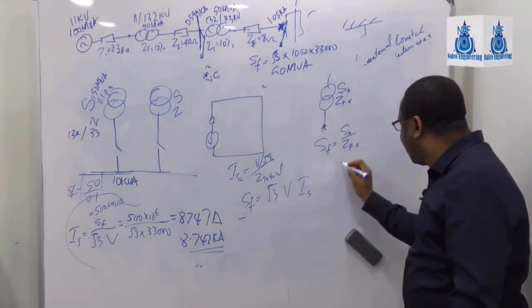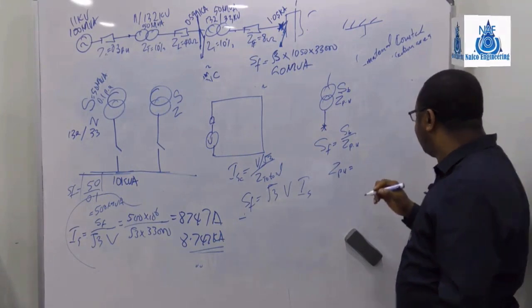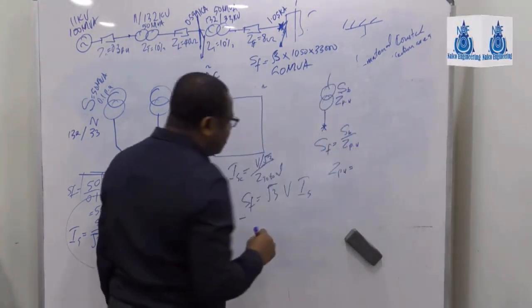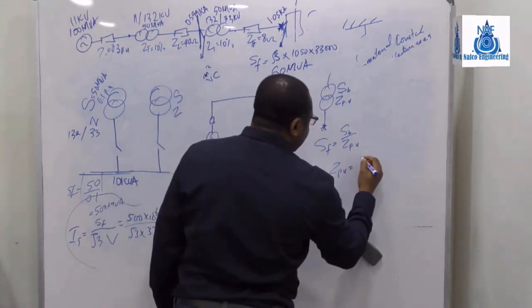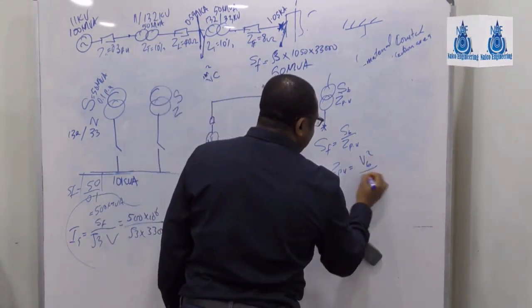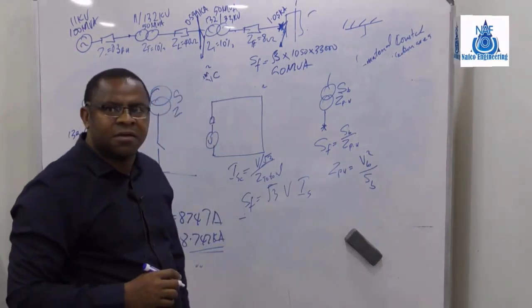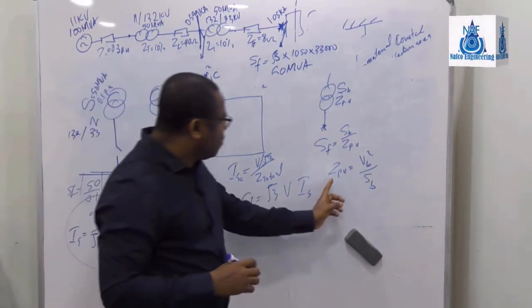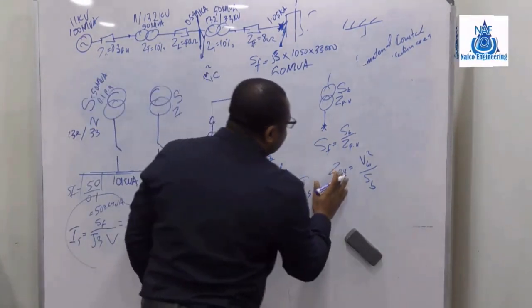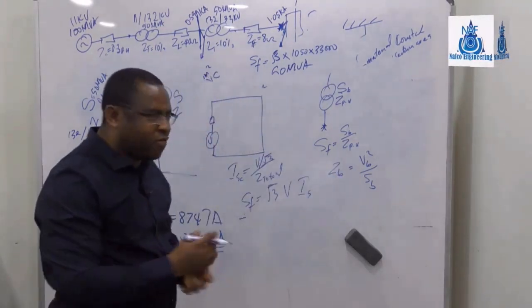And we said here that Z in per unit is the same thing as V base squared over S base. Sorry, let's say Z base, you know that Z base is V base squared over S base.